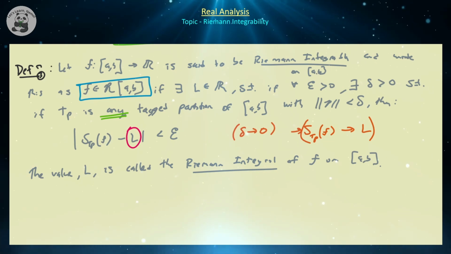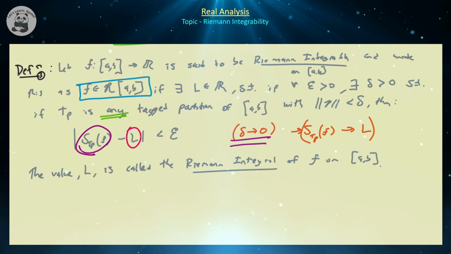So that is what a Riemann integral is. A Riemann integral is the point that this Riemann sum converges to as you make the norm of your partition arbitrarily small, which can also be equivalently viewed as the number of partitions getting arbitrarily large.